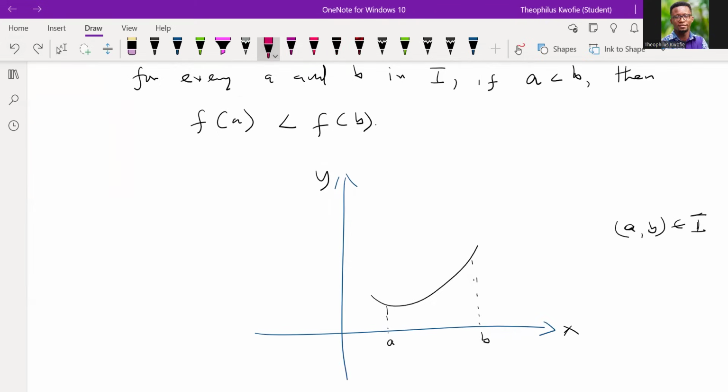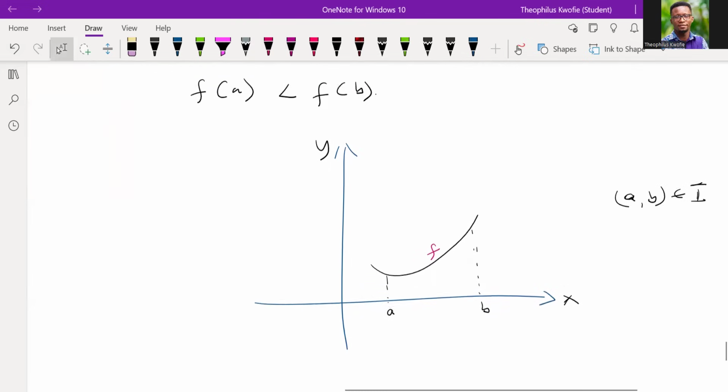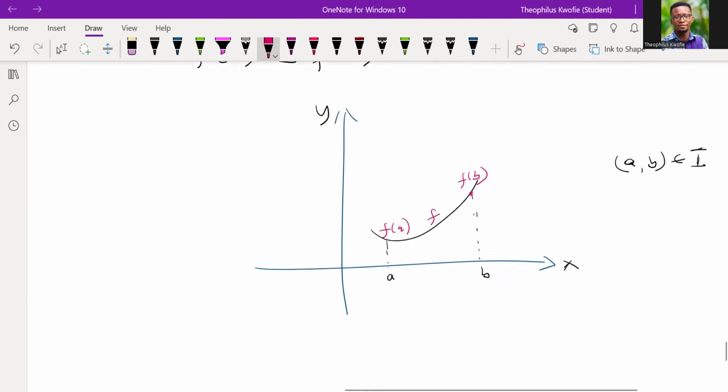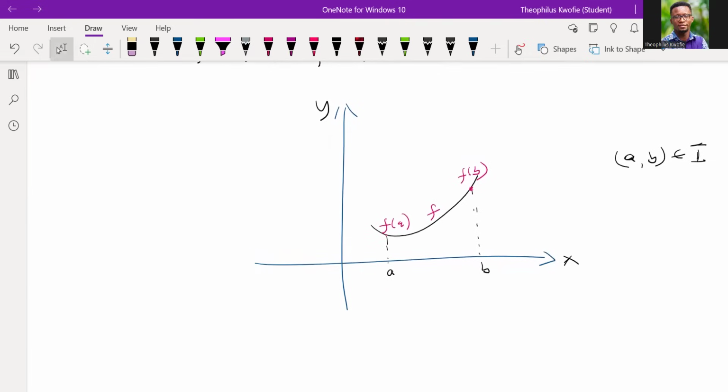If this curve is the graph of the function, we claim that at this point the graph has a value of f of a, and at this point a value of f of b. Remember, we made the condition that a is less than b on the horizontal axis, the x-axis. From the graph, it is obvious that a is less than b, right?